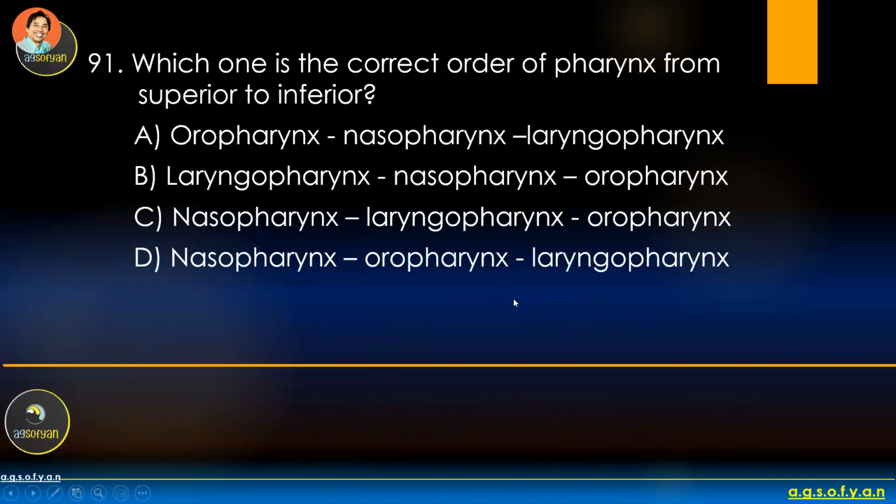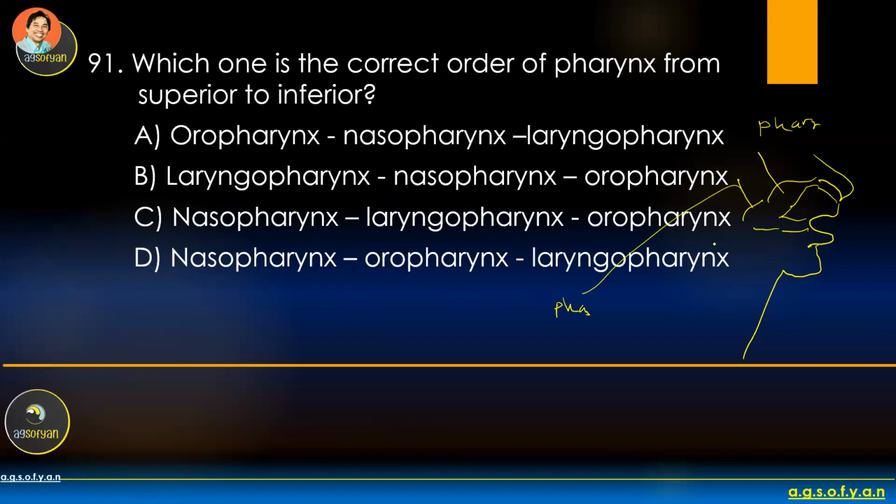Which is the correct order of the parts of the pharynx from superior to inferior? Okay, so we have the nose, and then this is the mouth. From the nose, air goes to the pharynx, and from the mouth it also goes to the pharynx.